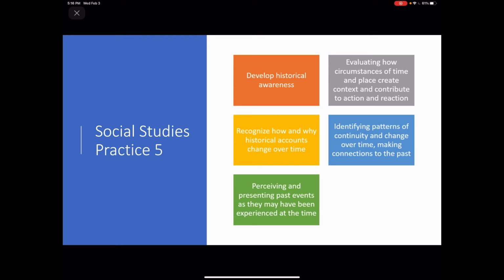So when we were talking about the Constitutional Convention, you're answering questions based on somebody who was a delegate from one of those states, not an 8th grade student in 2021. And that is called historical empathy. Being able to place yourself in someone else's shoes for a minute and consider what their lived experience was, and not looking at it from your student's perspective.